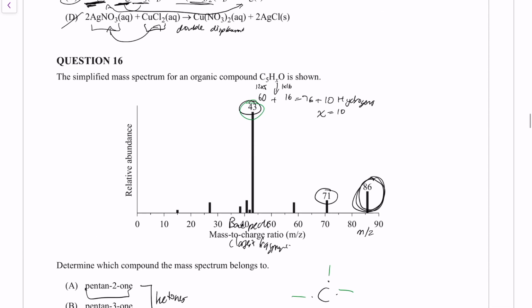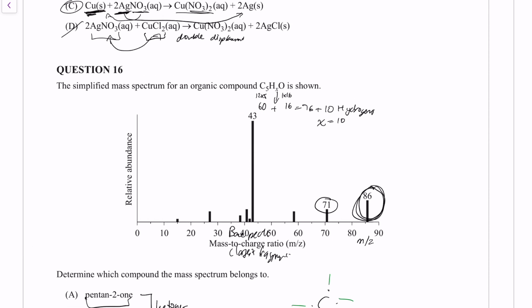So when we notice a mass of 43, that should ring alarm bells, basically, in saying that this is a classic acyl fragment. Okay, what do I mean by acyl? It's basically CH3CO+. I know it's a bit difficult to understand, but sometimes we just have to accept these things and sort of memorize them by heart.